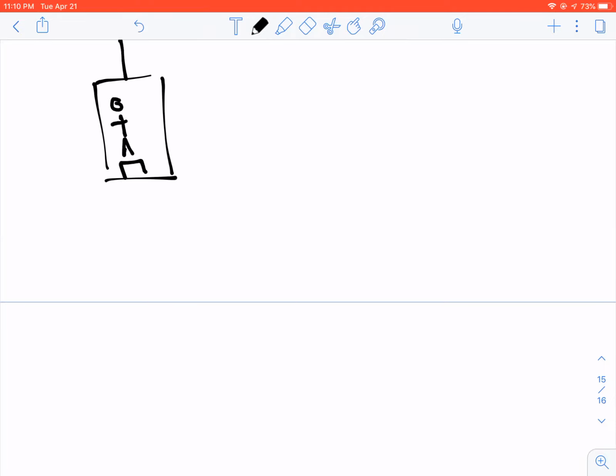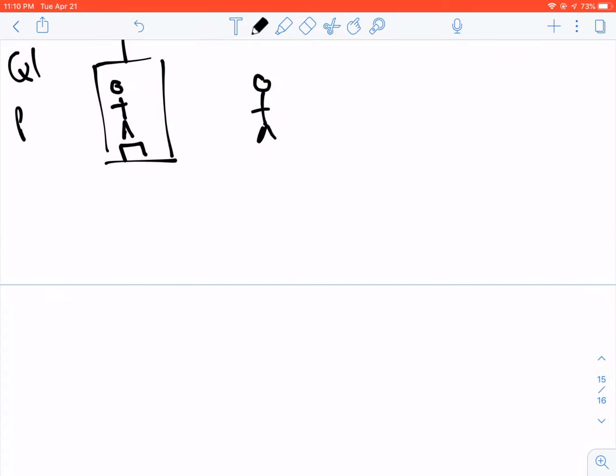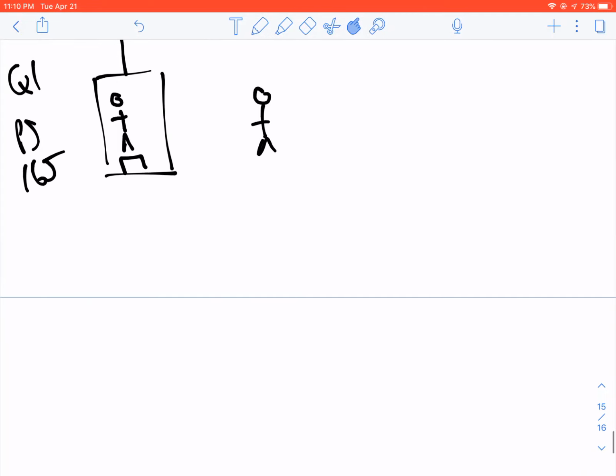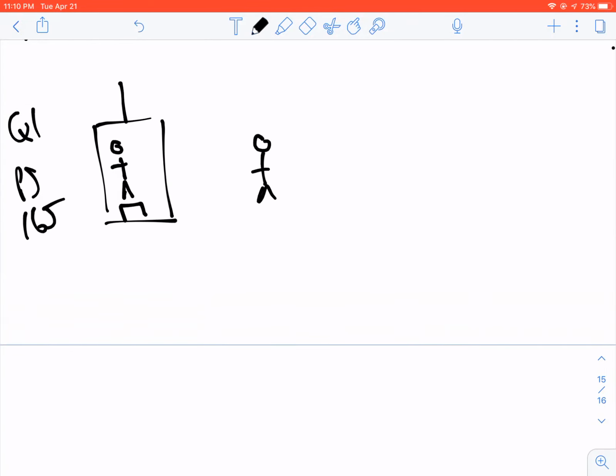So the question says, what is the normal force acting on this person if the elevator is stopped? So if I was to draw the free body diagram, this is question 1 from page 165. If I was to draw a picture of this person for a free body diagram, I would say there are two forces acting on that person. One is the scales pushing up, one is the planet pulling down.